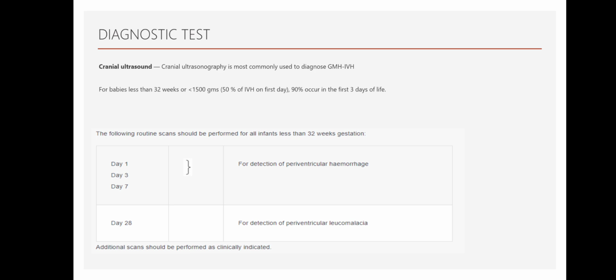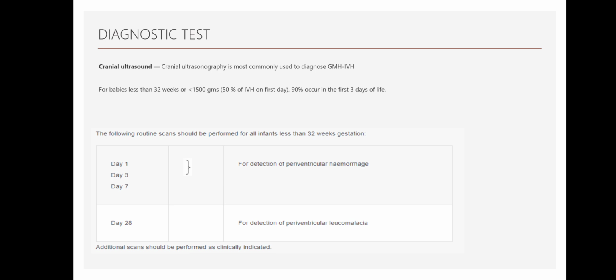If you see this particular table that I have added to this slide, for detection of periventricular hemorrhages, the ultrasound could be done on day 1, day 3, or day 7. It depends on the clinical course of the baby, the mode of delivery, and many other factors. But we can say that by day 3, 90% of babies will have a bleed.